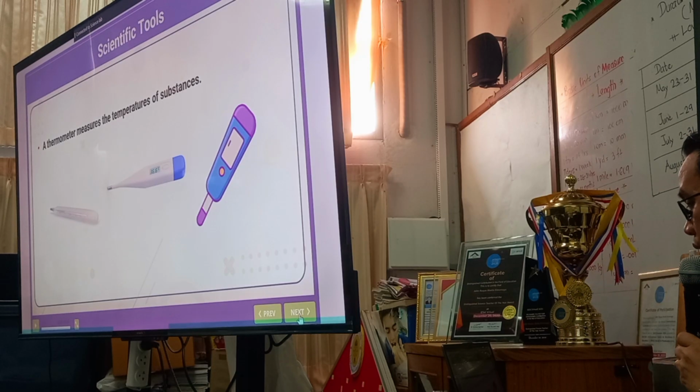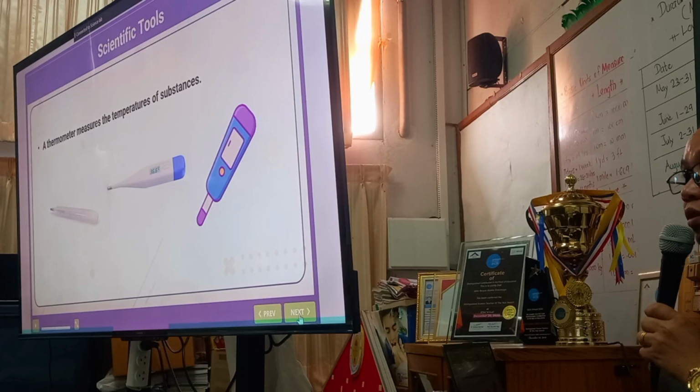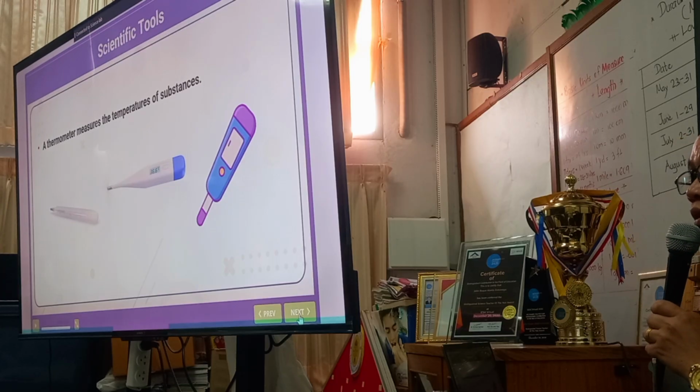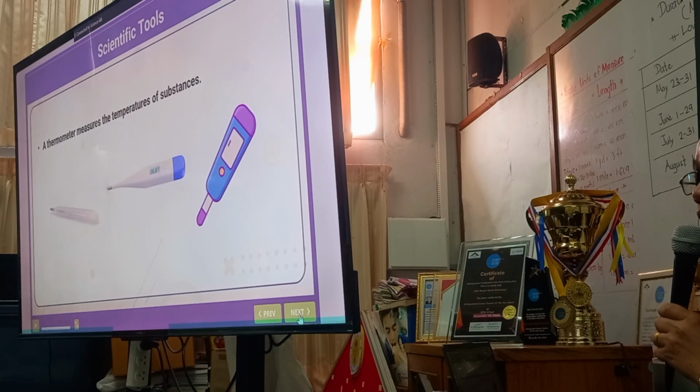The clinical thermometer, remember, is very useful, mostly used by nurses and medical doctors to check your body temperature and the condition inside your body.